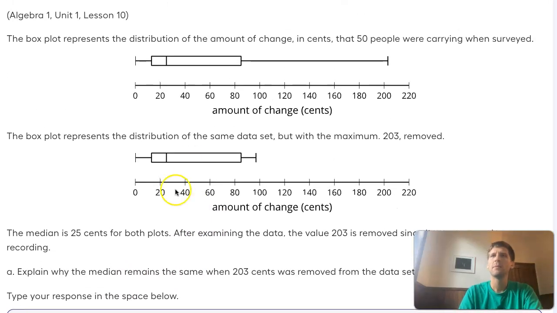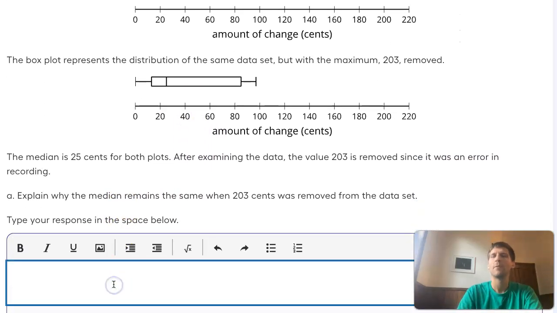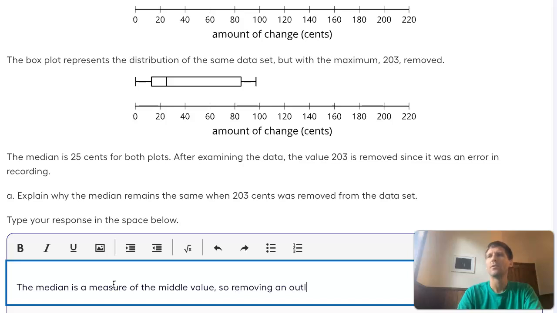Well, I think somebody, maybe it was Calliope in one of our classes, shared that the median is a measure of the middle value, right? Not the average. So removing an outlier does not necessarily change the median.